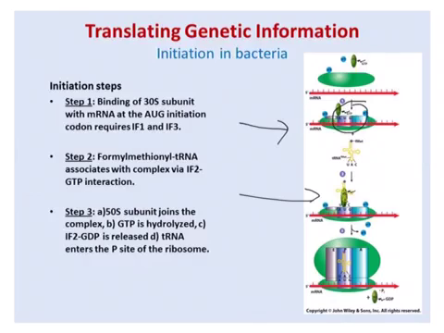And then finally, the large subunit will join the complex, and this involves hydrolysis of GTP by IF2, and ultimately that tRNA will enter into the P site of that large subunit. So basically now we have our machinery together. We have our large and small subunit, mRNA, and our first tRNA in the P site, waiting for the second tRNA to come into that next A site. So this is initiation in bacteria or prokaryotes.